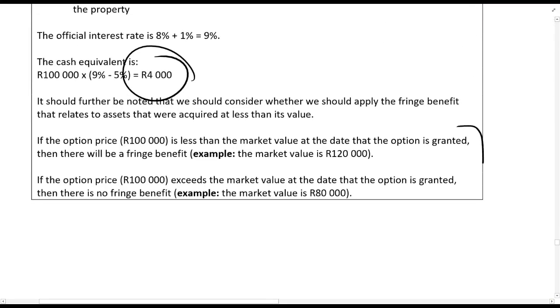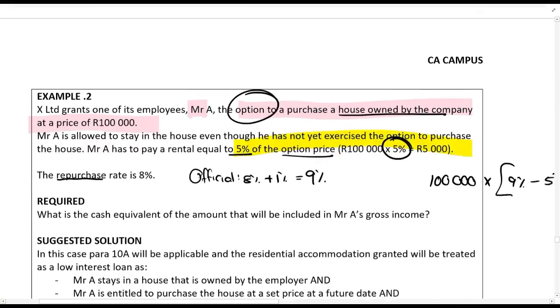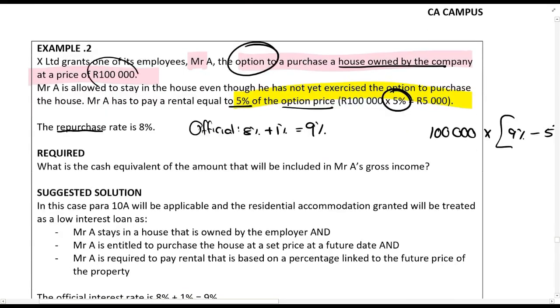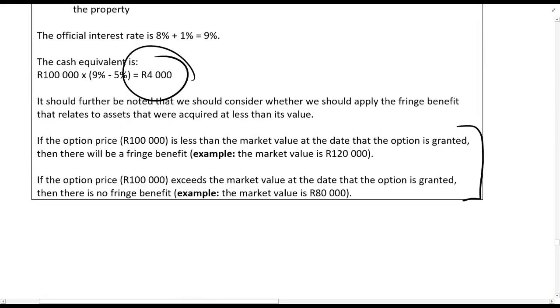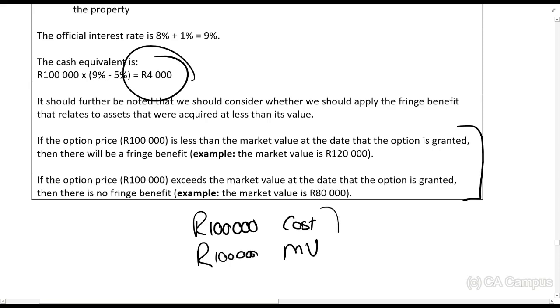Okay, and I'll just make a comment over here which I want you to be aware of. This house over here, he has the option to buy it for 100,000 rands. Now on the day when he gets that option, so not when he buys it, but when he actually gets the option, you need to compare that 100,000 rands cost to the market value of the property. If the market value of the property is 100,000 rands or less, then there is no fringe benefit because you're paying a fair amount.